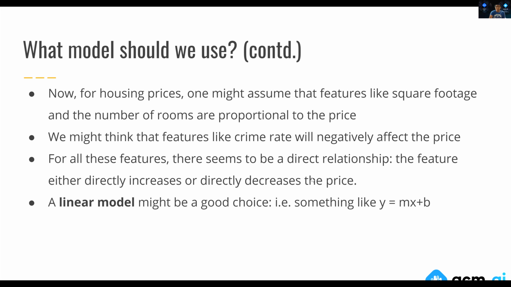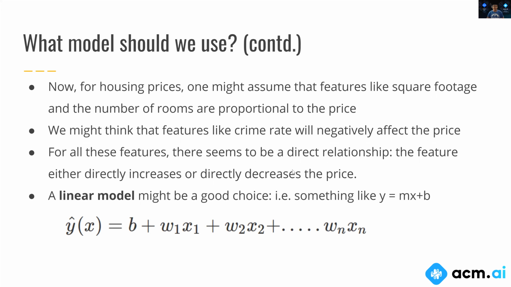We're going to be covering 3 in the beginner track, but trust me, there's a lot more. So in this case, as it says, a linear model is a good fit, hence linear regression. And the reason for that is we expect each feature to be proportional to the price, you could say.